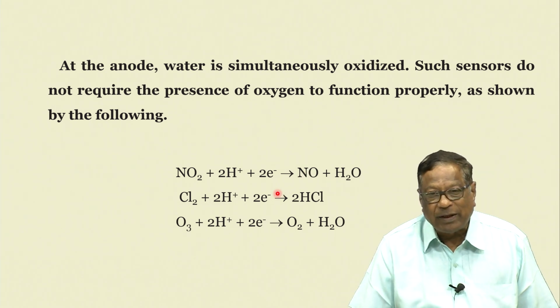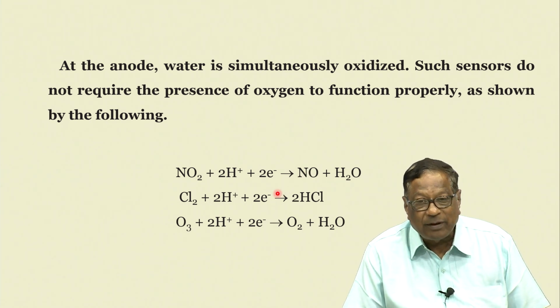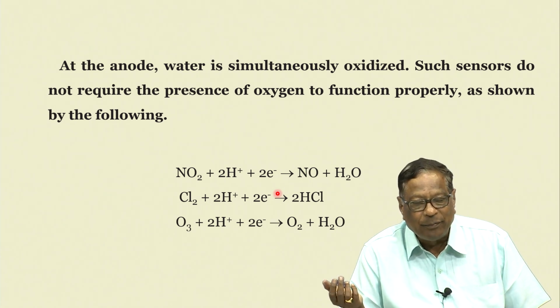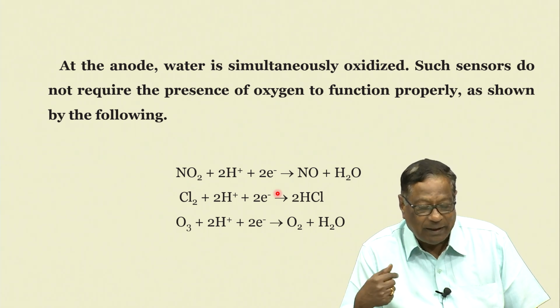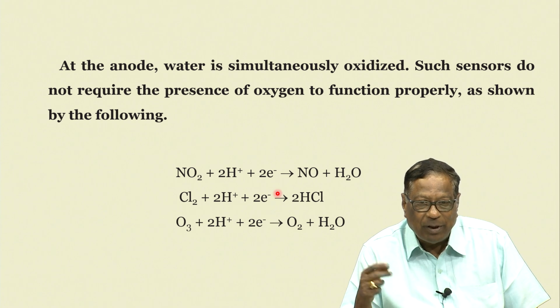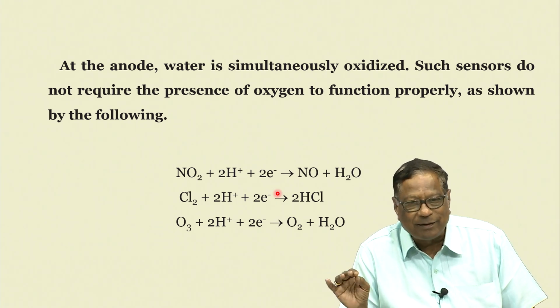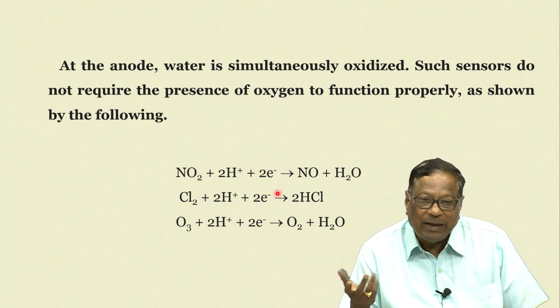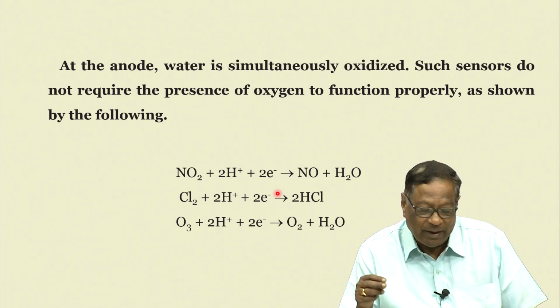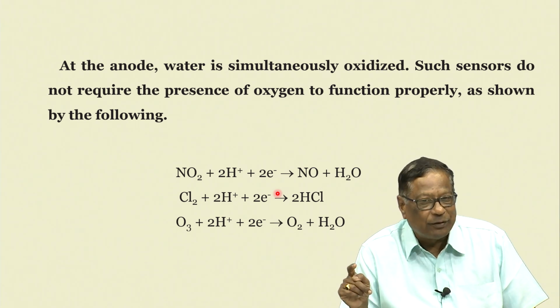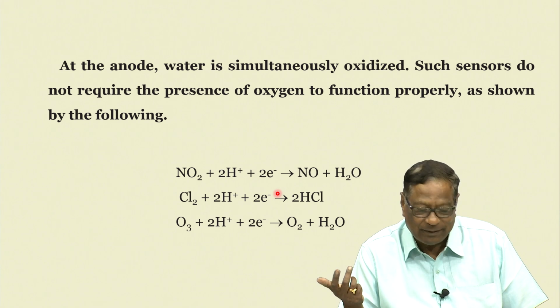Suppose I have chlorine, chlorine also should get reduced, and what product will it form? You may look at the reaction where I am showing, but it is better to remember addition of hydrogen is reduction. So, chlorine will react with water, add a hydrogen, add enough electrons to produce a molecule with no charge, that would be hydrochloric acid.